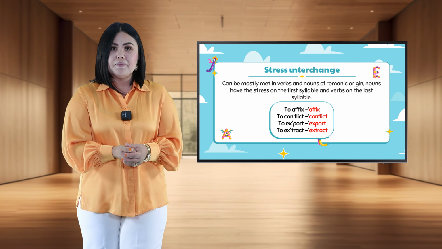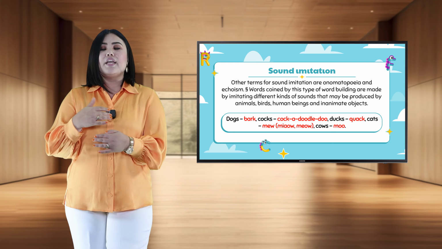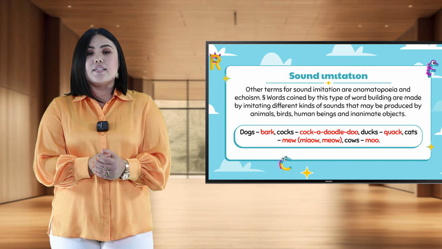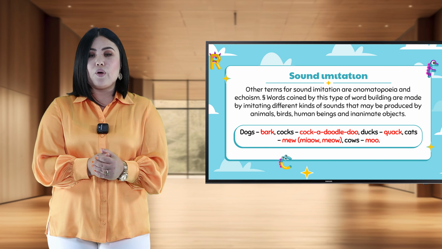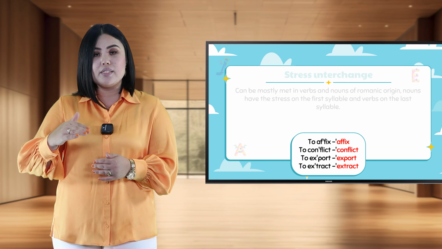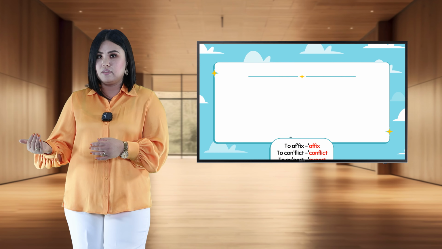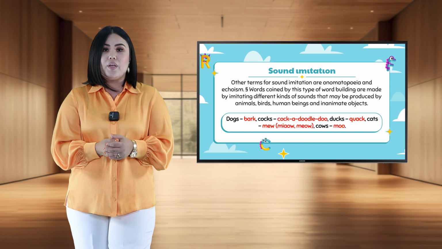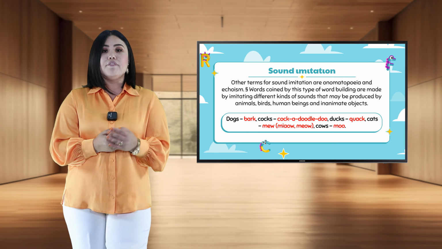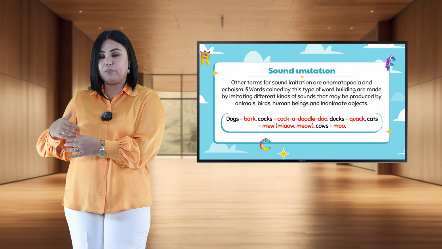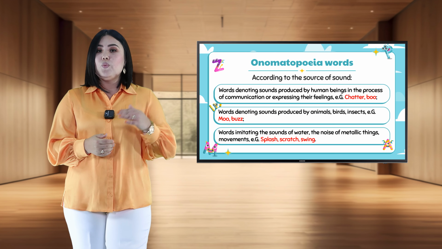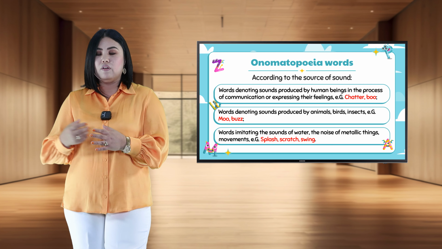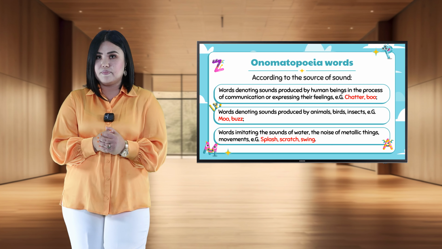Next type is sound imitation, also known as onomatopoeia. The formation of a word from a sound associated with what is named. Semantically, according to the sound source, we have three types of onomatopoeia. First one, words denoting sounds produced by humans, for example, to hiss.